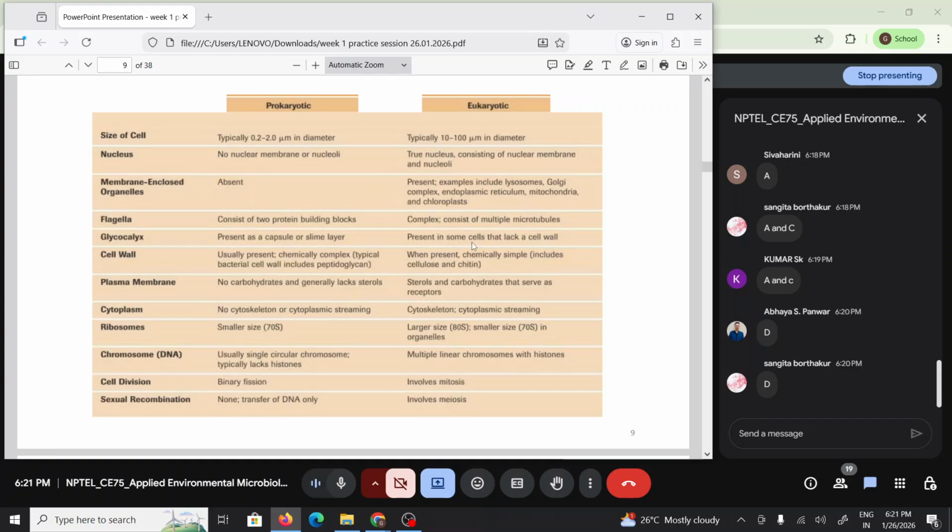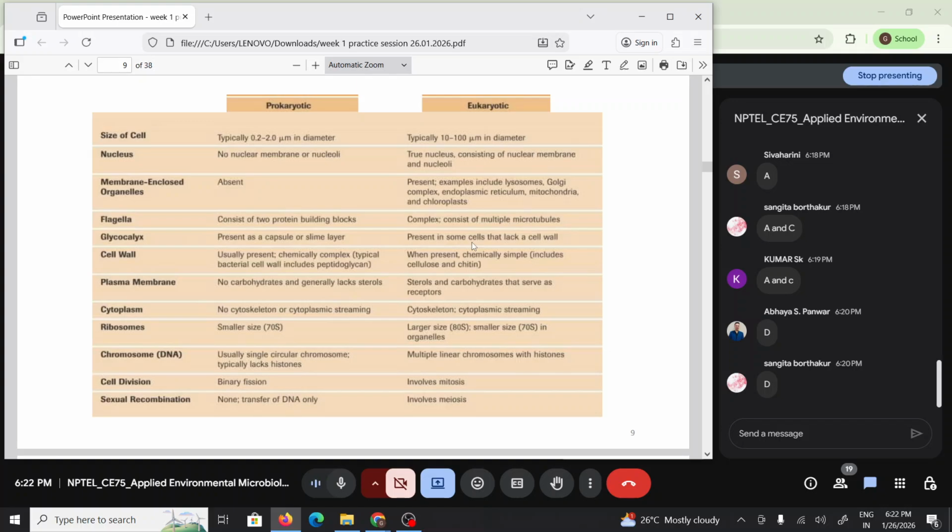So here is a summary of what is a prokaryote and a eukaryote. So typically the prokaryotic organisms have a cell size of 0.2 to 2 micrometer in diameter, whereas eukaryotic cells are bigger in size, ranging from 10 to 100 micrometer in diameter. So the stark difference would be that prokaryotic organisms have no nuclear membrane or nucleoli, and we just have the genetic material laid over in the cell, whereas the genetic material in eukaryotes is present inside a true nucleus.